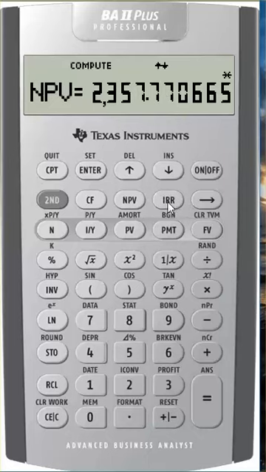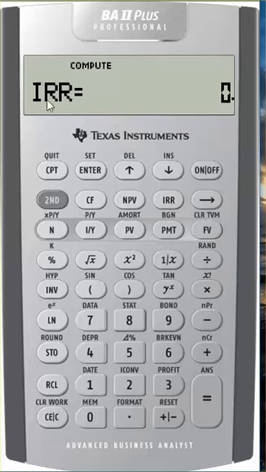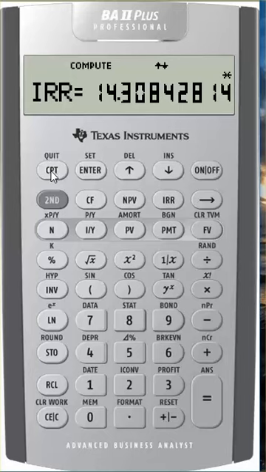For the internal rate of return on the project, we go IRR, and it's asking us to compute it. CPT, and the internal rate of return for the project is 14.31%, which again is positive. The reason is that the internal rate of return of 14.31% is greater than our weighted average cost of capital, or discount rate, of 8%.